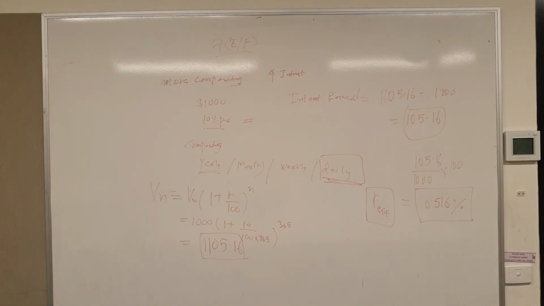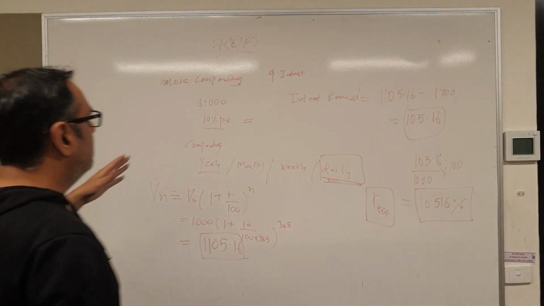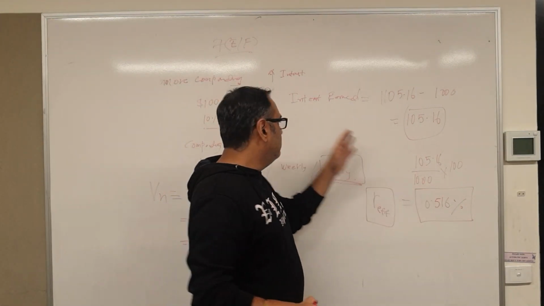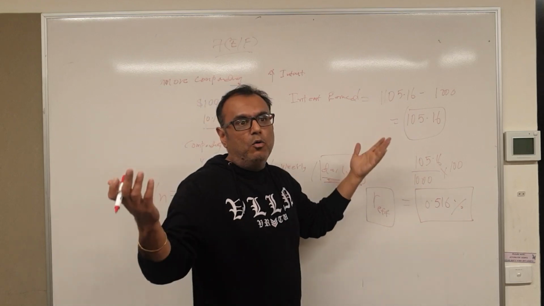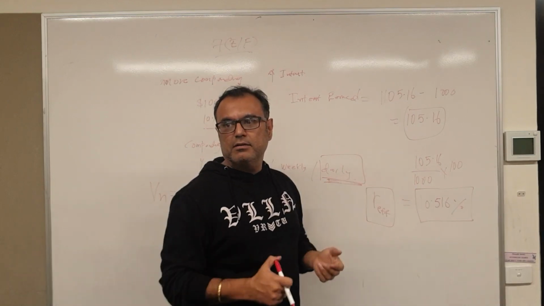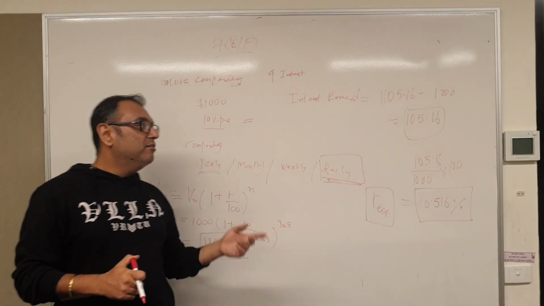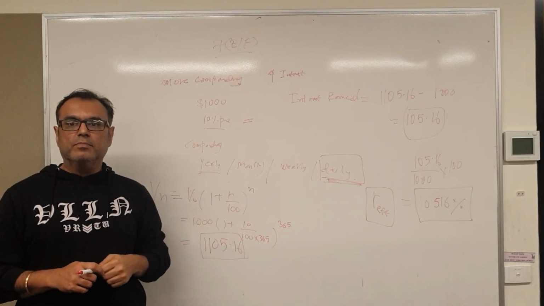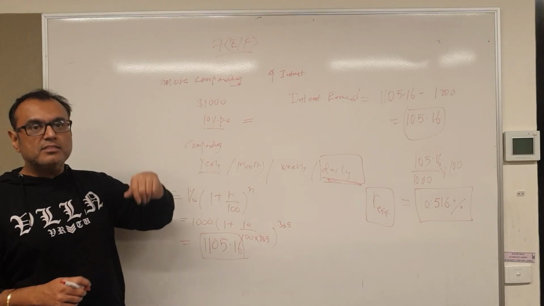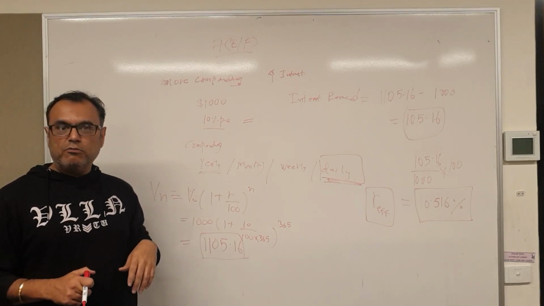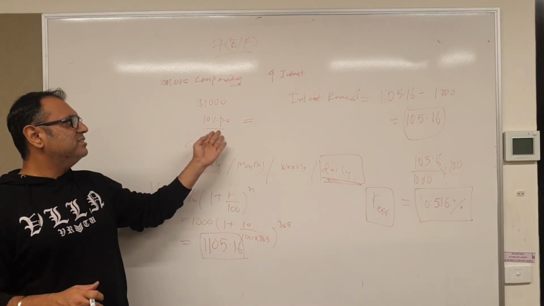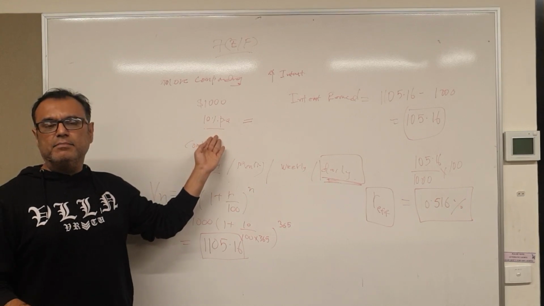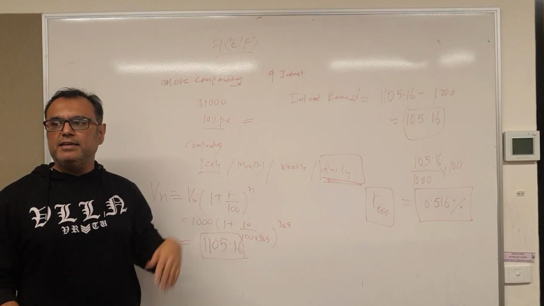Now this is investment. When someone has invested their money at 10% and they're getting more, that's a great thing. But then think of this as a loan. You have borrowed $1,000 from the bank for 1 year and the bank says, okay, no worries, I'll charge you 10% per annum, compounding daily.